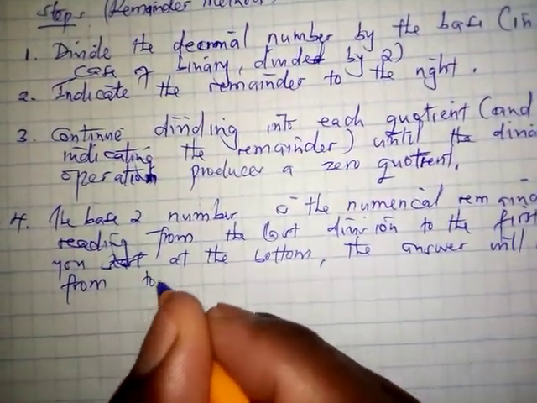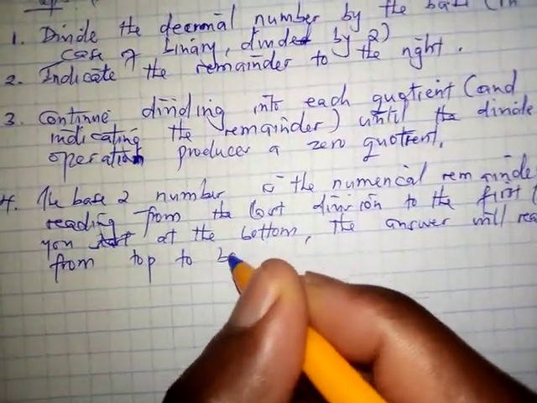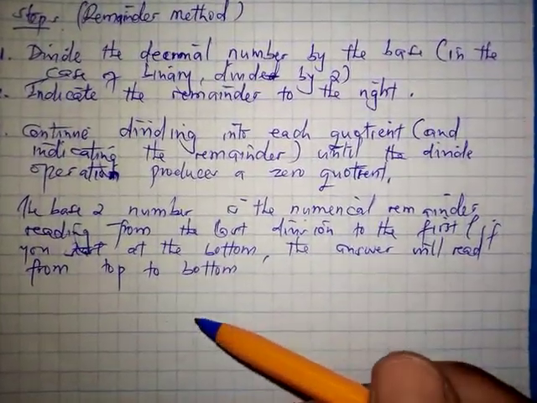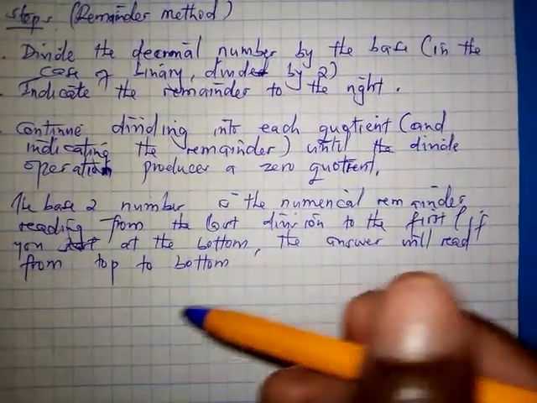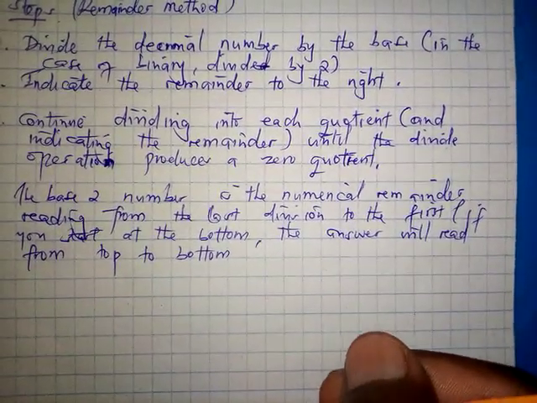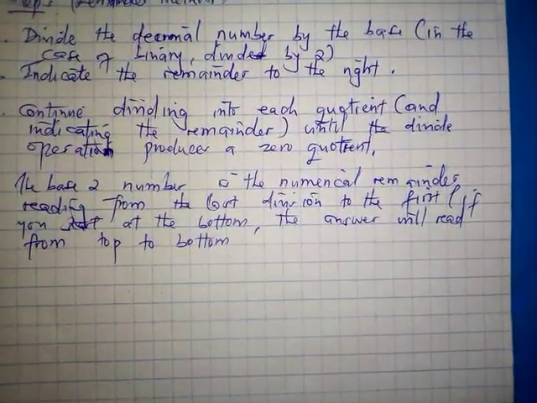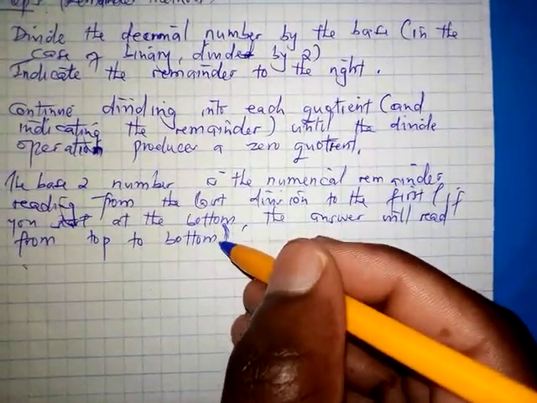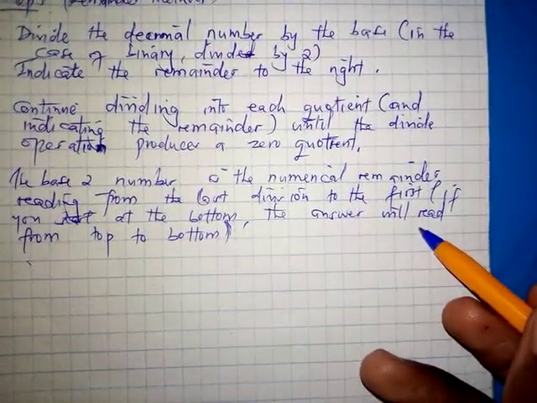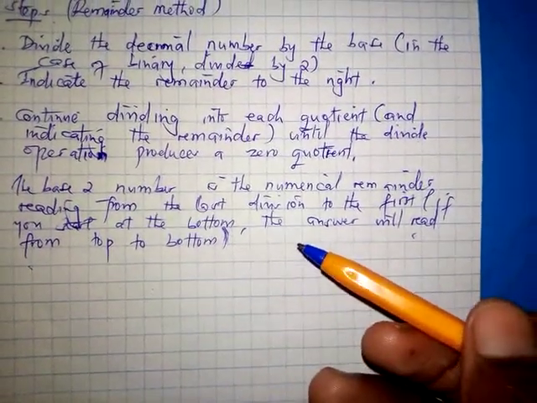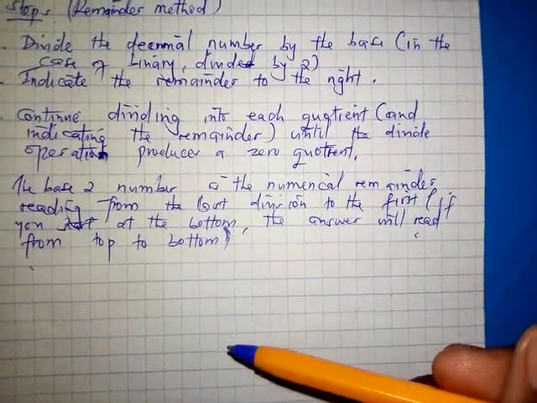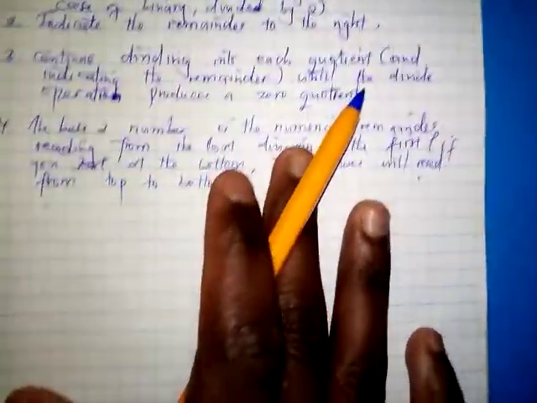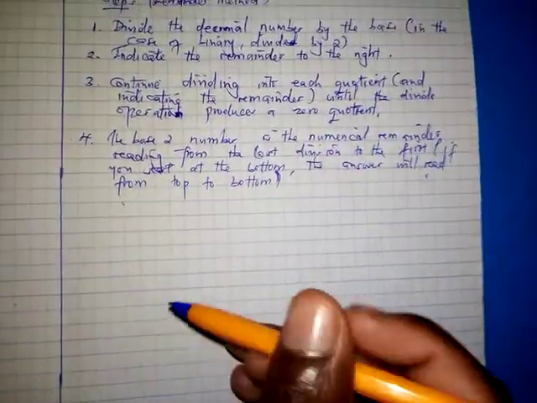As in, if you start dividing at the bottom, as you move to the top, the answer will read from top to bottom. And if you start dividing from the top to the bottom, the answer will read from bottom to the top. As simple as that. Let's do some examples and then you see.